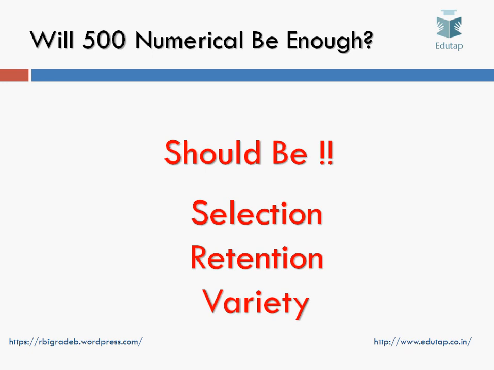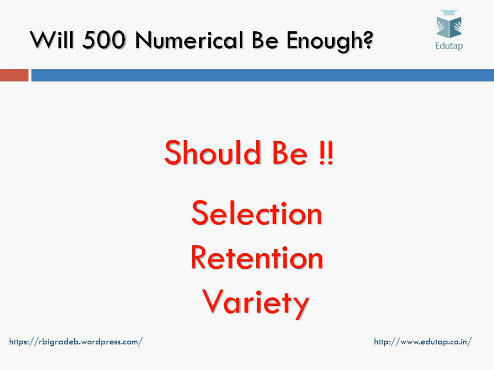The RBI Grade B exam has a very vast syllabus. You will read thousands of pages in 2-3 months. The key lies in retention. And the third point is variety. It's not that you read one topic and then solve 100 questions on that topic, but without variety. Suppose you do 50 numericals on bond pricing.